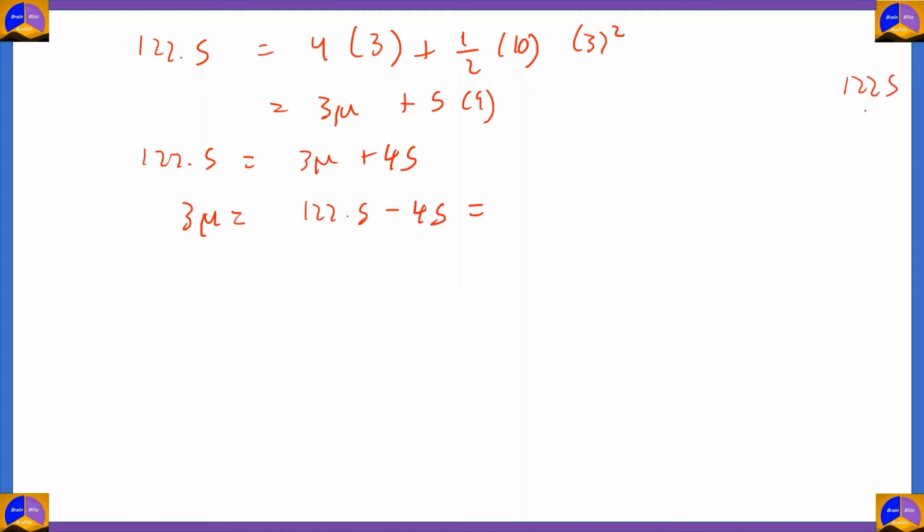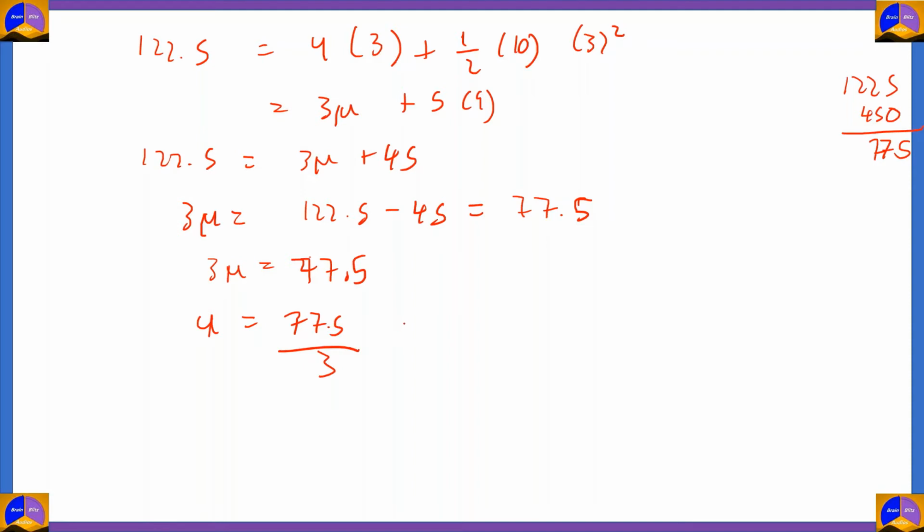So 1225 minus 450: 5 minus 0 is 5, 12 minus 5 is 7, 11 minus 4 is 7. So we have 77.5 as 3u. We can write u as 77.5 divided by 3, which can be written as 775 divided by 30. This is just multiplying by 10 on both sides.